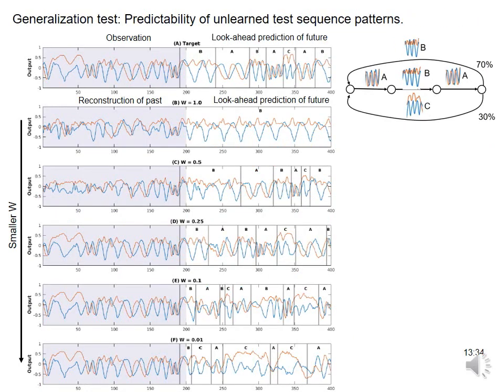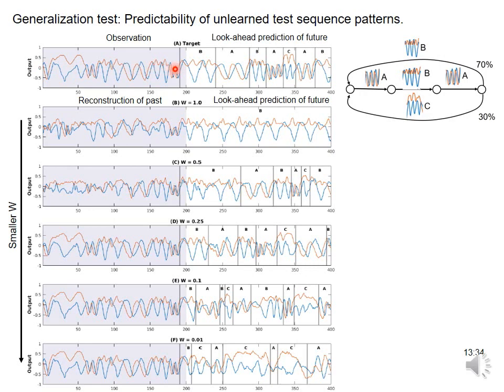Next we look at the generalization capability of the trained network by examining the predictability for an unlearned test sequence pattern. This is the unlearned test sequence pattern. The network observes the temporal pattern up to here, around 200 steps, and tries to reconstruct it by updating the posterior for this observed sequence.